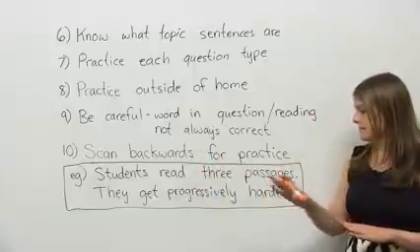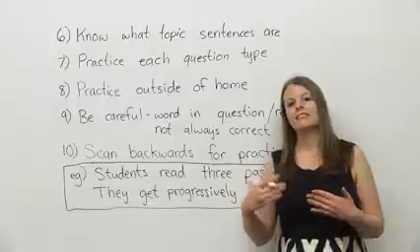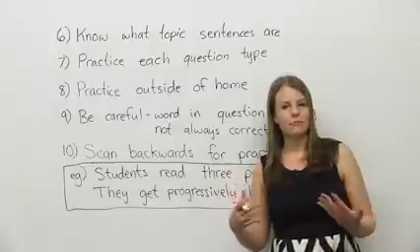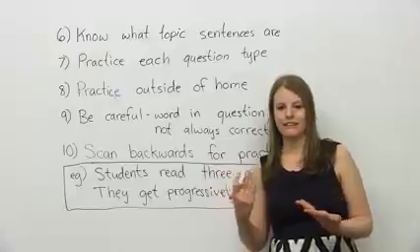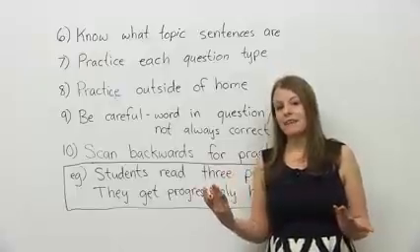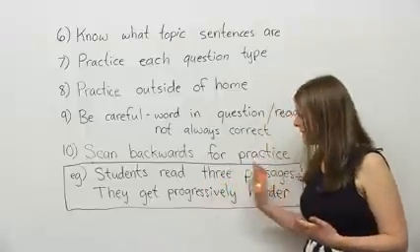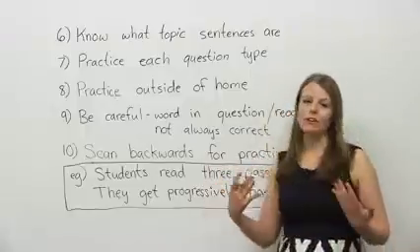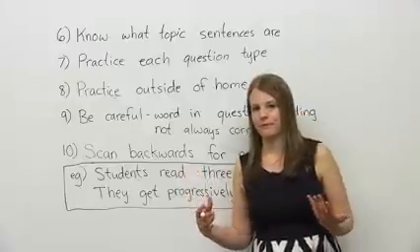Number 10. Okay, this is something we're going to practice together now. It's good to practice skimming and scanning in general for the reading test. Scanning is where you use keywords and you just quickly look through the passage looking for a specific word or a specific piece of information. Okay?